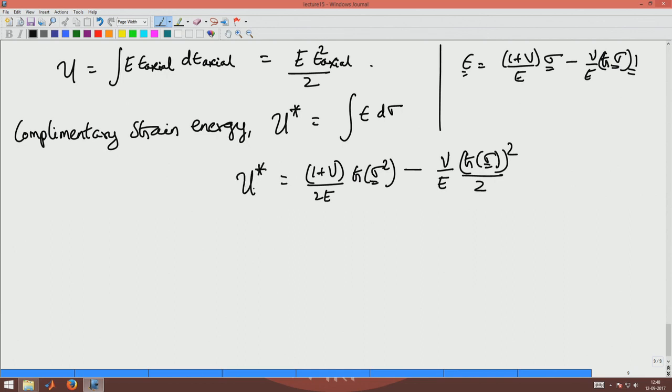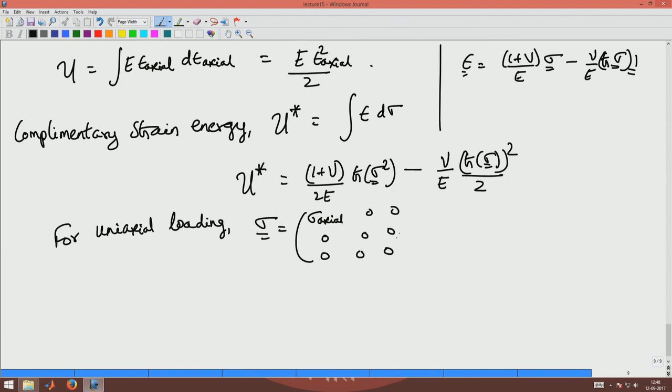Now, for the uniaxial state of stress, for uniaxial loading, you know that sigma is sigma axial 0 0, 0 0 0, 0 0 0. So, trace of sigma would be sigma axial and trace of sigma squared would be sigma axial squared.